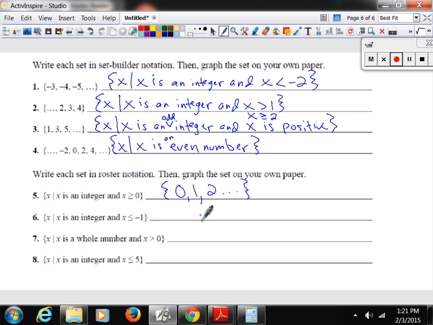Okay, try number 6, and then look at the board and see if you got it right. It says x such that x is an integer, and x is less than or equal to -1. So see if you can come up with the first 3 numbers and then the 3 dots.